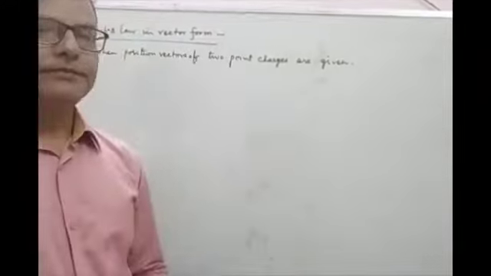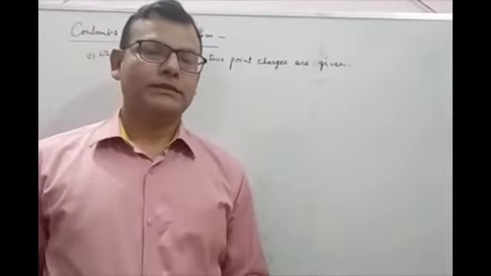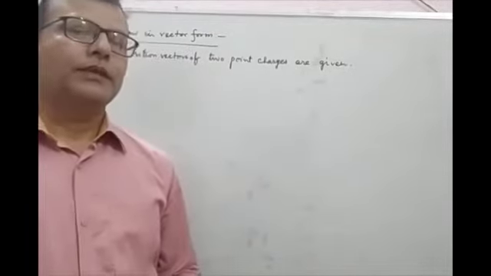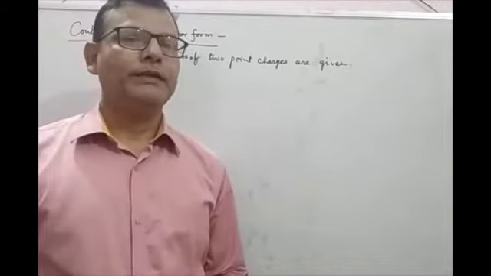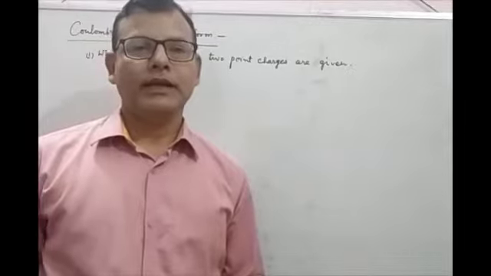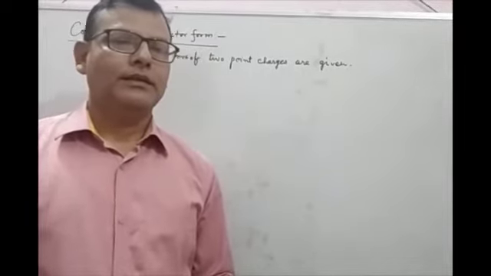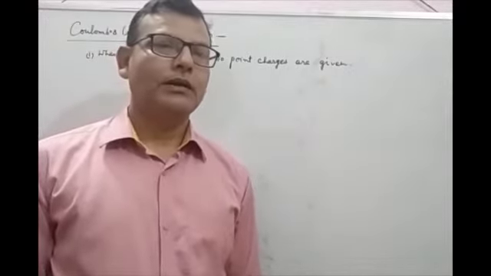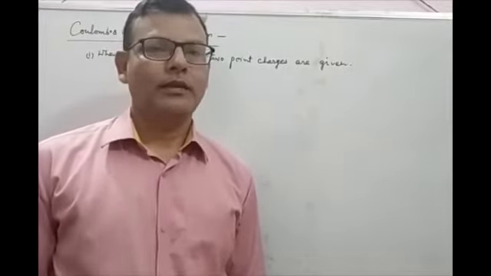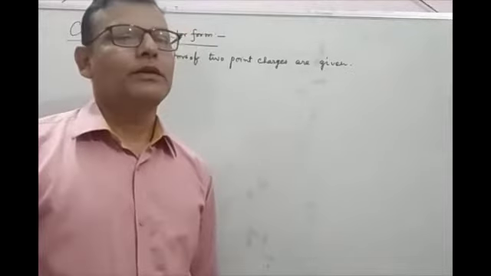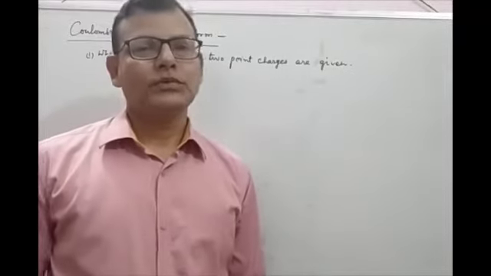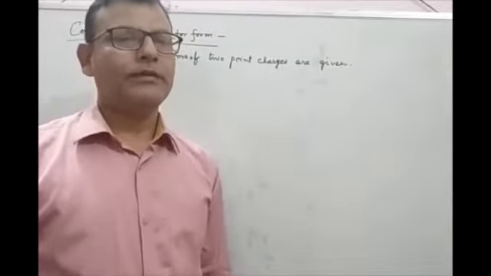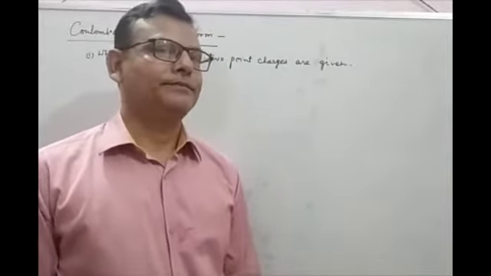Know that force is a vector quantity, so it has both magnitude as well as direction. So we have to write Coulomb's law in vector form. In this form we have to write the magnitude of Coulomb force as well as its direction.